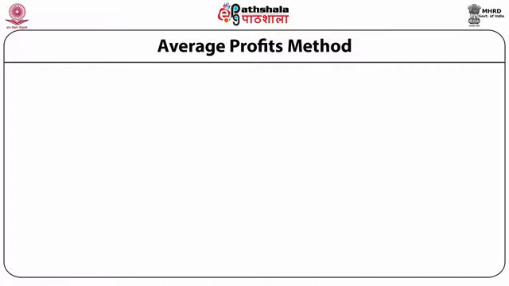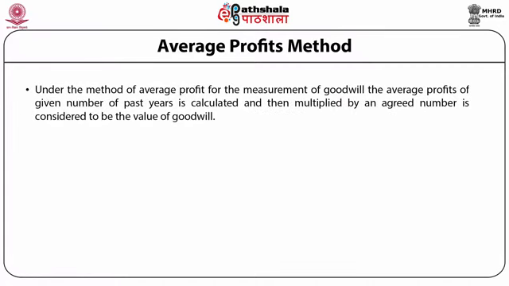Average profit method. Under this method, for the measurement of goodwill, the average profit of a given number of past years is calculated and then it is multiplied by an agreed number, which is considered to be the value of goodwill.